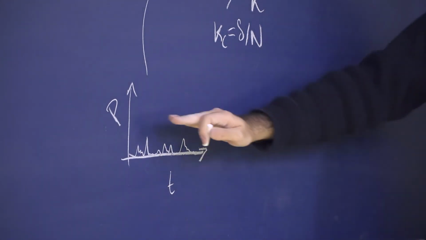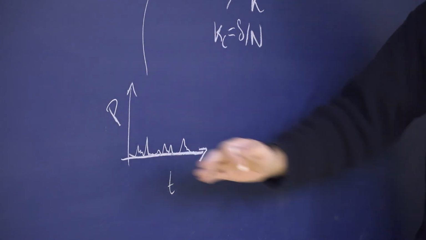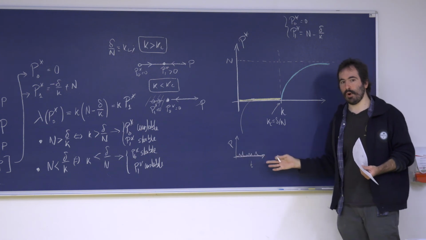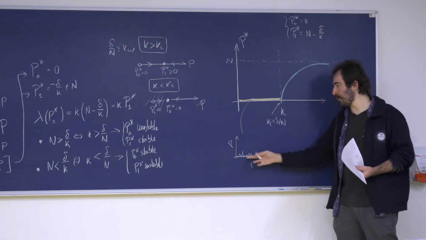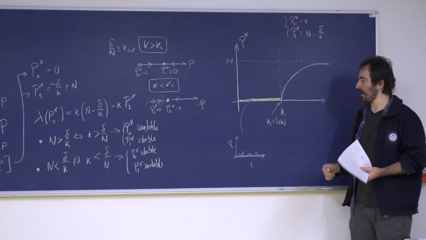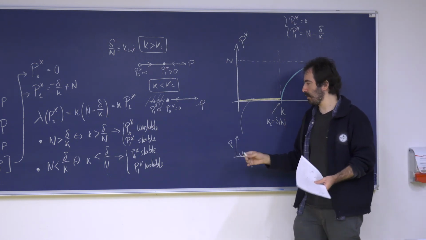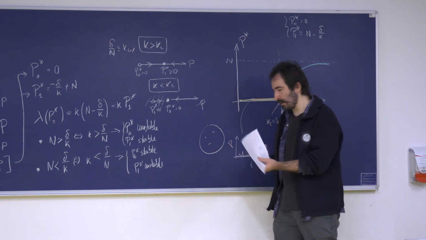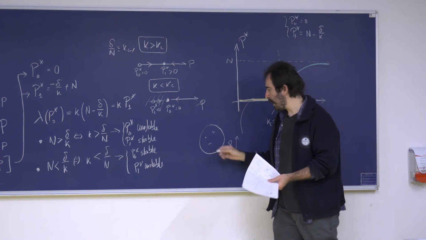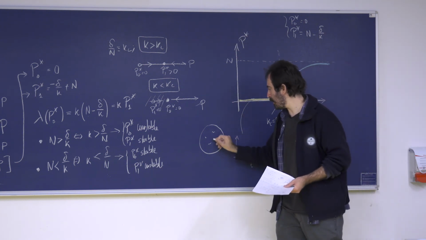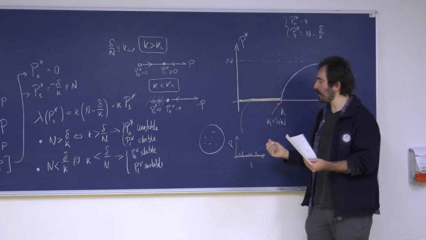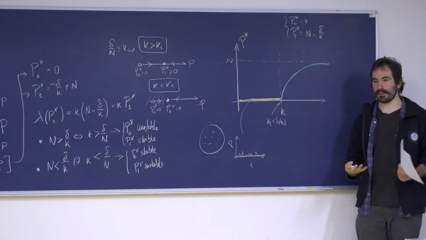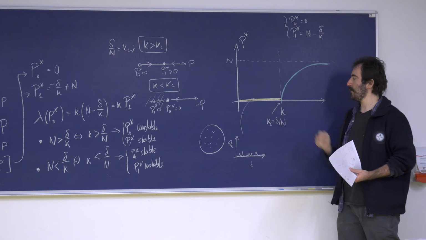It's very pushed down to 0, and overall I could say that this is approximately 0 all the time, but this is really what things would look like. In other words, if I made a picture of this simulation, I should be looking at some tiny monomer, maybe dimer or trimer chains that are very unstable and very quickly go down to single monomers. So there are still going to be some tiny polymers, but they are very quickly going to disintegrate. This is the actual meaning of this state over here.